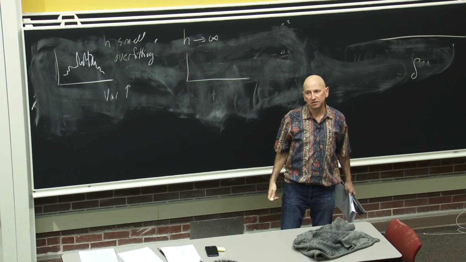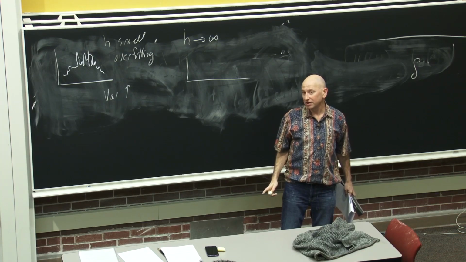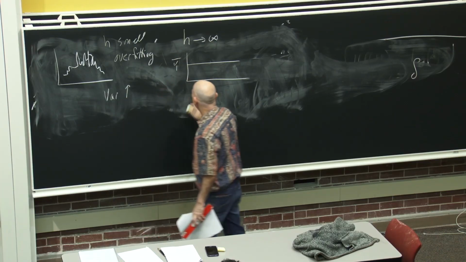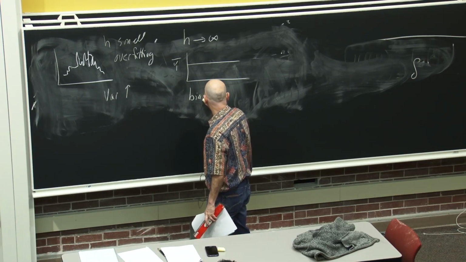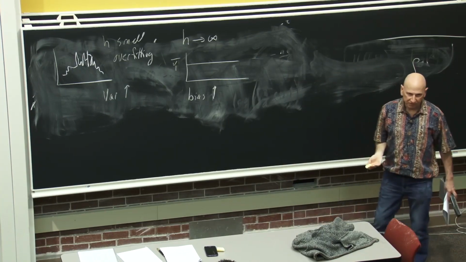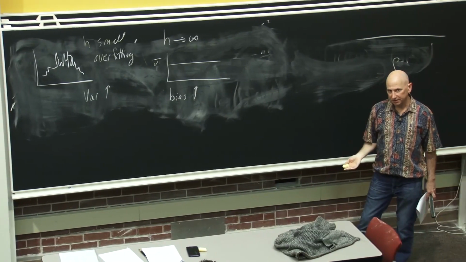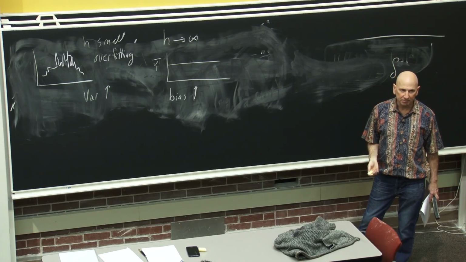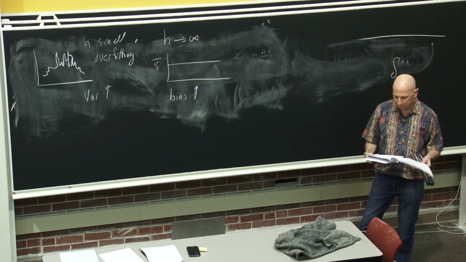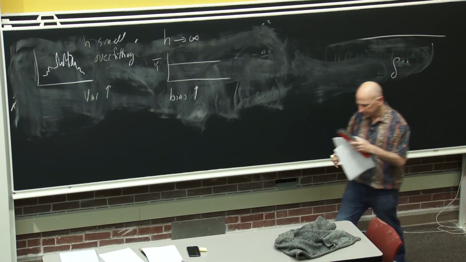Constant, which constant? Y, the mean, y bar. So we have very high bias. So your predictions are not going to be very good, or your function estimator is not going to be very good. So we're trying to strike a balance here, as usual, between the bias and the variance.